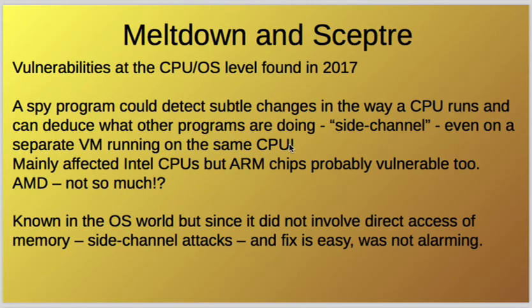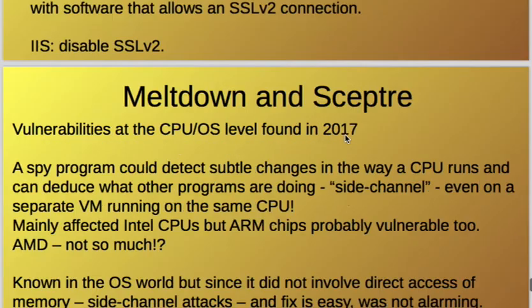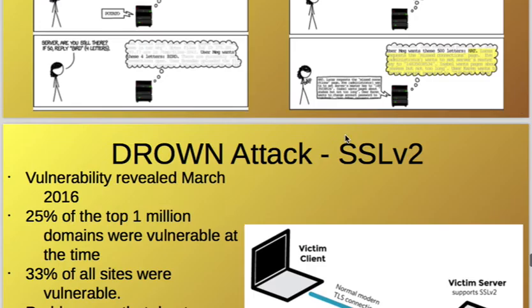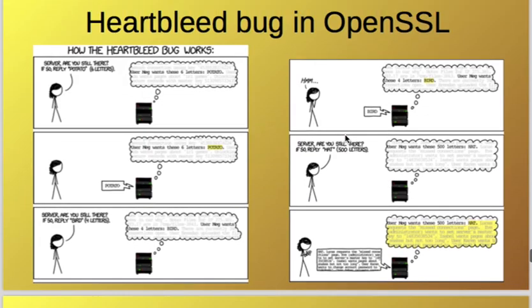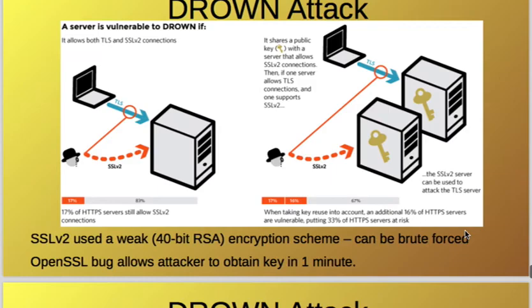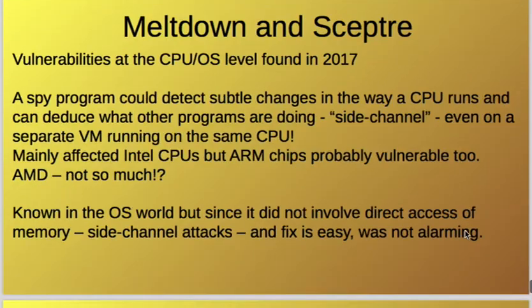So it uses this thing called a side channel. It's not actually reading data directly like we saw in Heartbleed. In Heartbleed, you were asking the server to fill in a buffer with random data, so you were reading this data directly. That was not what was happening with Meltdown and Spectre.